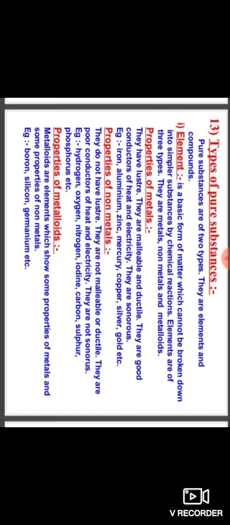And then properties of metalloids. Metalloids are elements which show some properties of metals and some properties of non-metals.